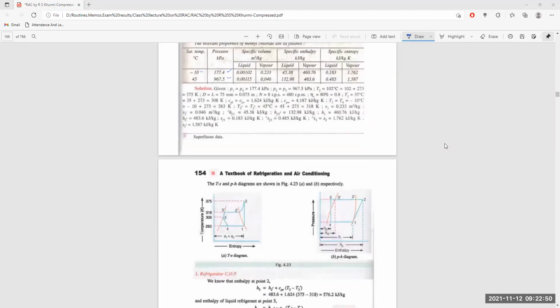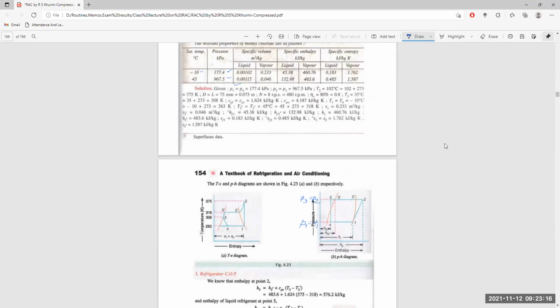Now, what is given here? Pressure P1, the lower pressure, is equal to P4, and the higher pressure P2 is equal to P3.